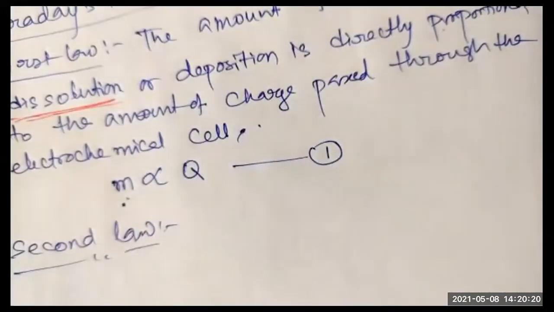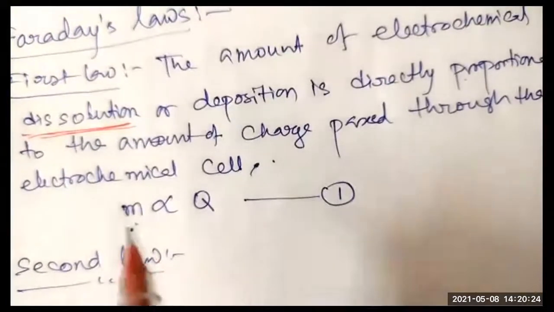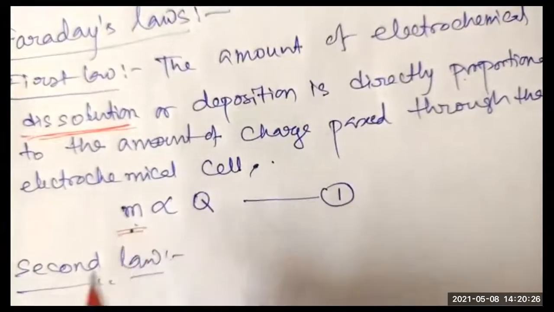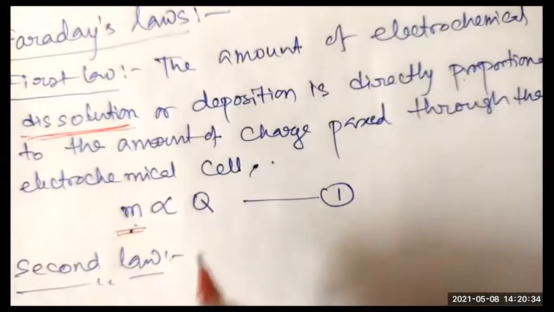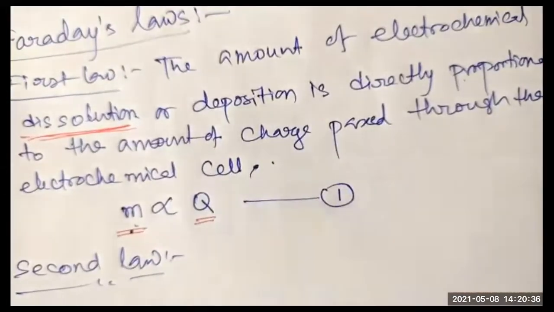Okay, clear, right? You can note down. So in this case, m is nothing but the mass of the material which is dissolved, and q is the amount of charge passed through the electrochemical cell.